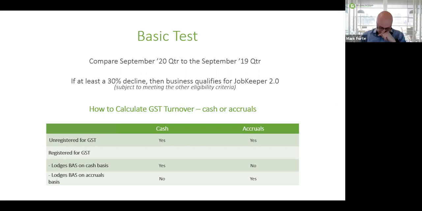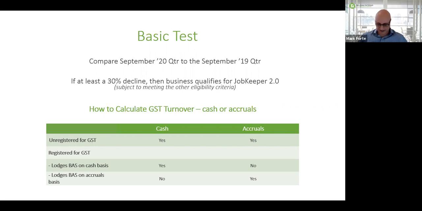But basically, to keep it very simple, any JobKeeper payments that you receive are not included in GST turnover. Any money that you receive from grants generally is not included in GST turnover. And the cash flow payments that you receive for your pay-as-you-go withholding, that I think started last April, again, are not included in GST turnover.